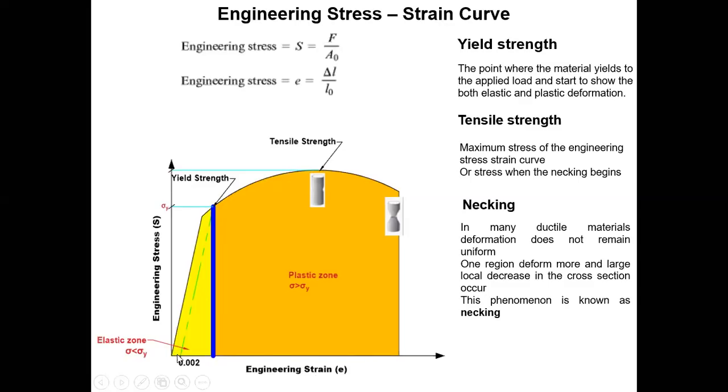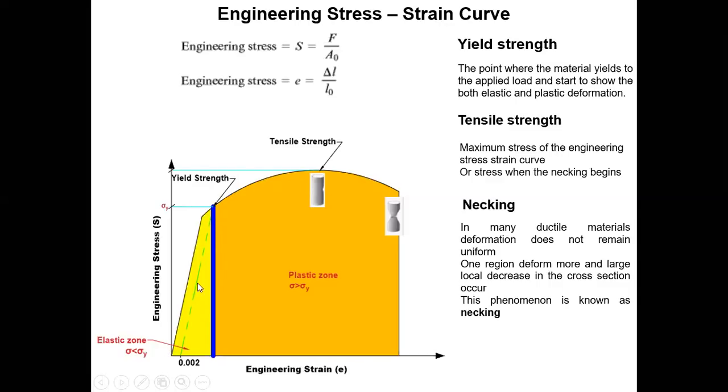This is the 0.002 strain point. Then you draw a line parallel to this linear part. You draw a line across this 0.002 strain point parallel to this linear part.